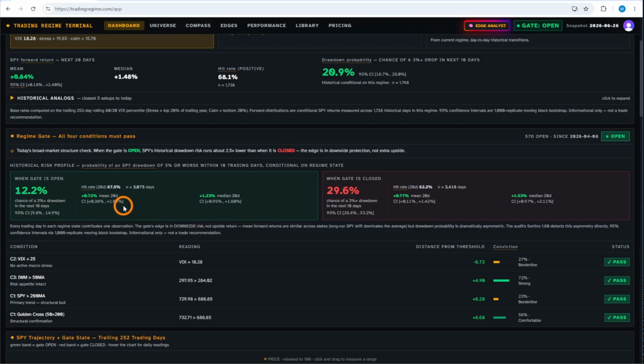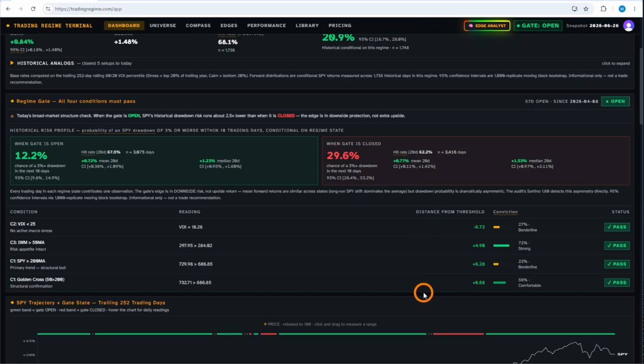And what that is calculated by is all of these conditions. You get a little heads up into when this might turn a little bit. Right here, when it's closed in this environment that we have, which right now we're still open. But if we were closed, this tells me that there is a 30% chance almost of having a greater than 3% drawdown in the next 10 days.